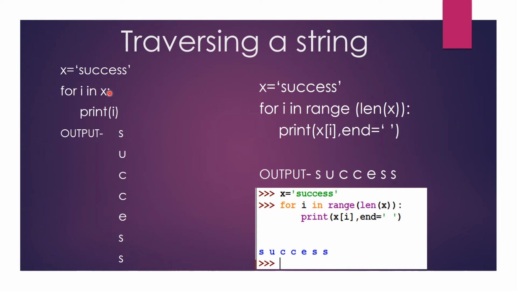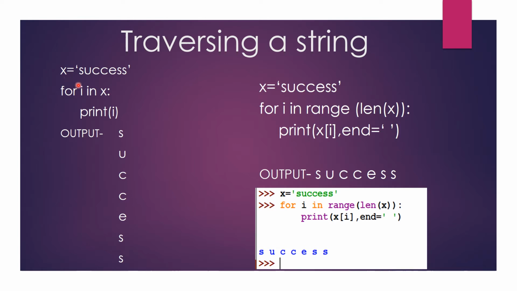Normally when we use a for loop we give the start and stop value, but here it is not an integer type of value, so only the string is given.